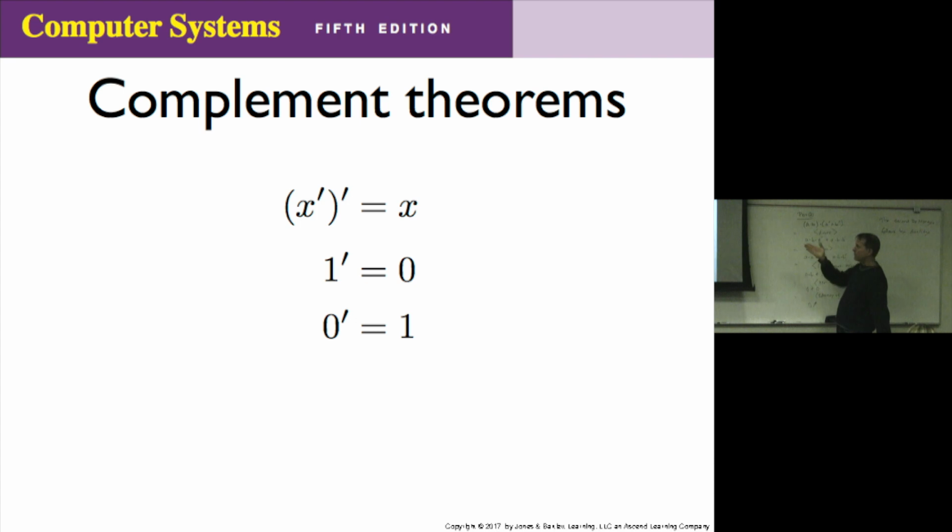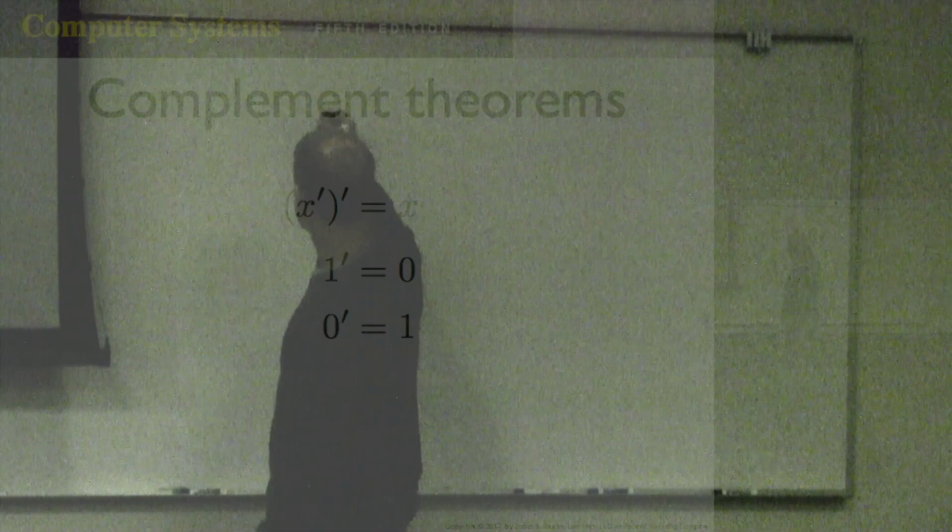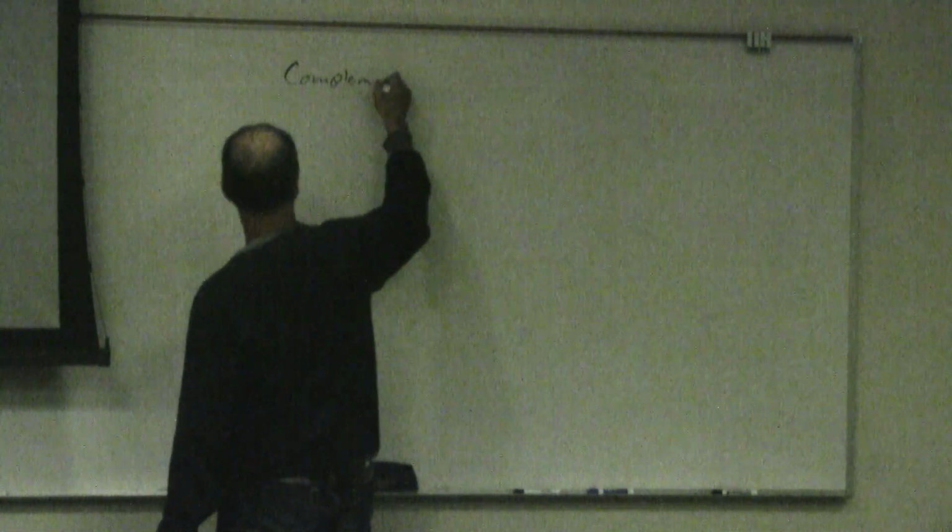Now, how would you prove this? We're not going to take the time to prove it, but maybe we should at least verbalize it. What do we have to prove? The complement theorem: the complement of x prime is x.